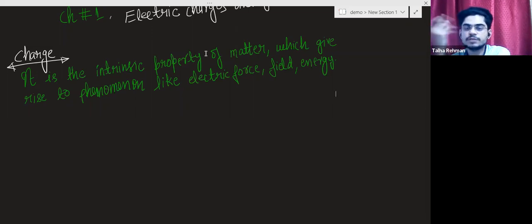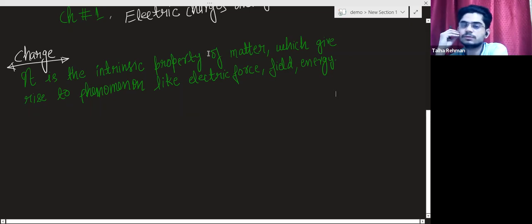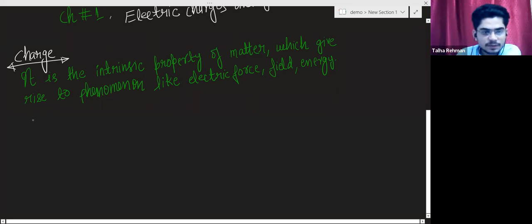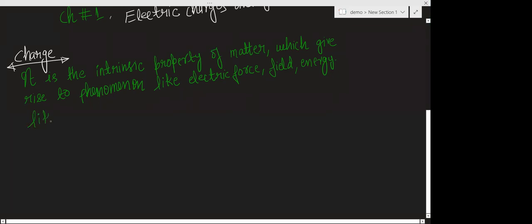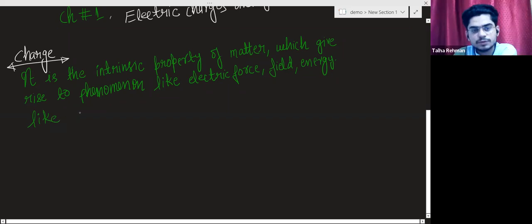And we know what matter is. Anything which occupies space and has mass is known as matter. You have heard about the electron. Do you know what an electron is?